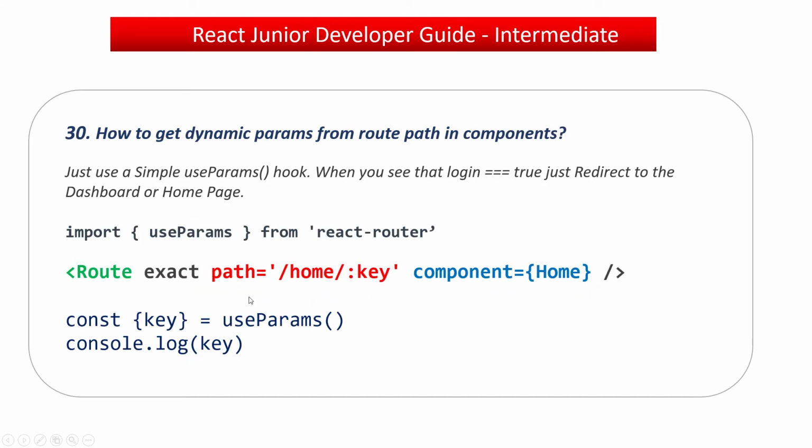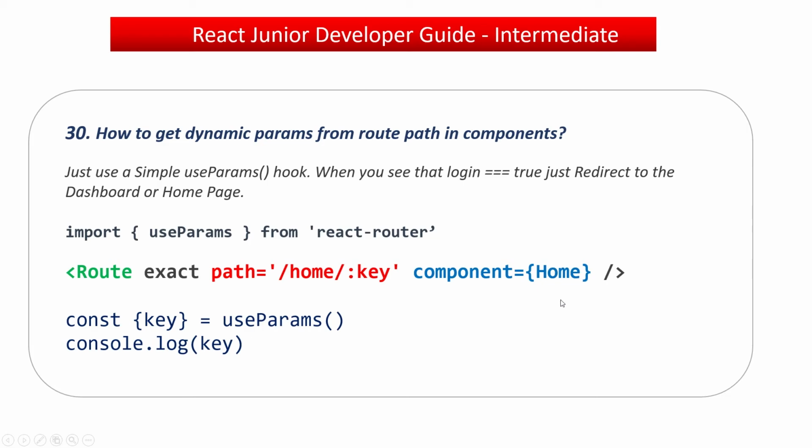So this is our last question for the React routing system: how to get dynamic params from the route path. We already showed it in the beginning section of the video, how you can get dynamic parameters from our route path into the components. Suppose you use useParams to get all of those things. As you can see, we have an example route exact path home/key, and the key that we want to pass from app.js to the component Home.